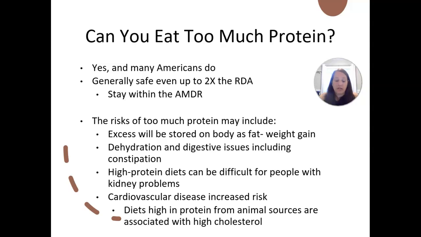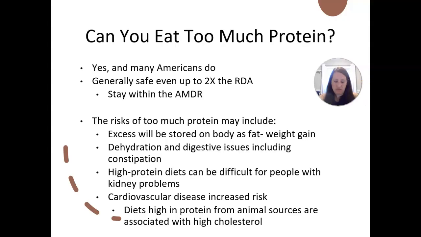So there is a link between consuming animal sources of protein and an increased risk of cardiovascular disease. Is it the actual protein that's increasing the risk, or is it just that it comes from an animal source, so it's taken in with saturated fat? Again, that's nuanced.